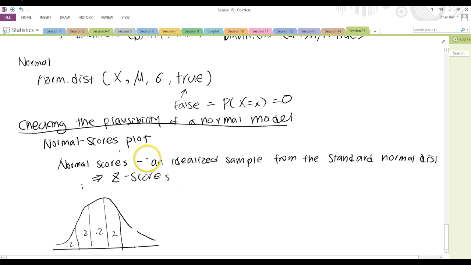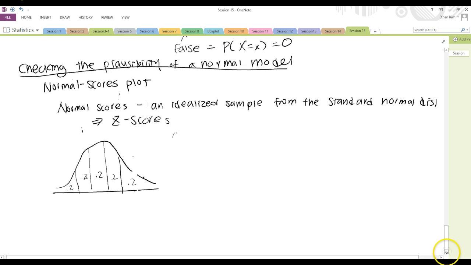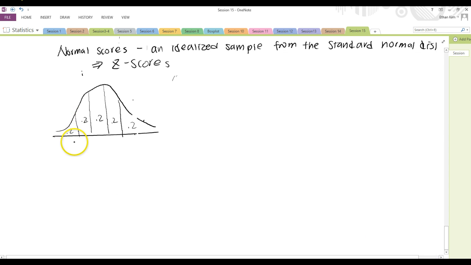So this should be 0.2. And we're going to take these intervals. So for example, let's name this M1, M2, M3, and then M4. And we come up with these z-scores.